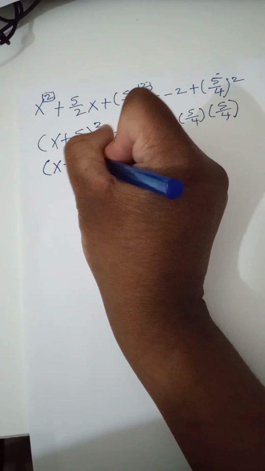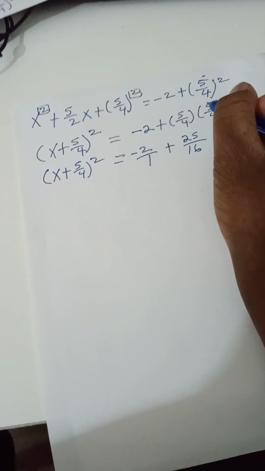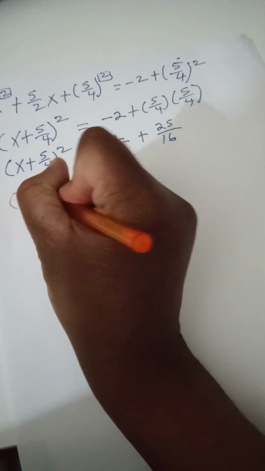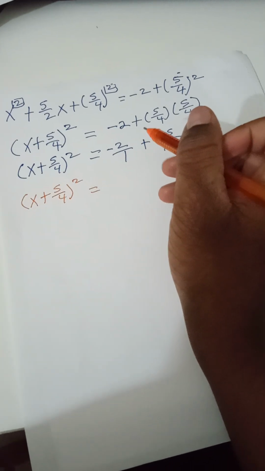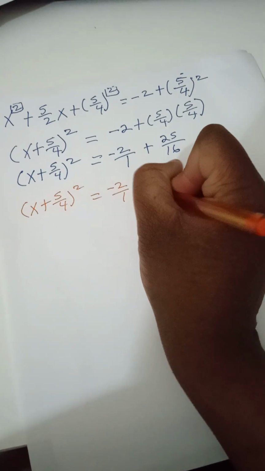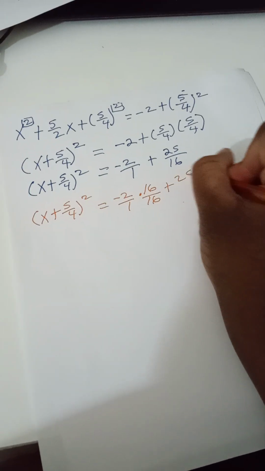So x plus 5/4 squared is equal to -2. We're going to make this a fraction and put it over 1, plus 25/16, 5 times 5 divided by 4 times 4. So now we need to get a common denominator where it says -2 divided by 1. The least common denominator is 16, so it's going to be -2/1 times 16/16 plus 25/16.